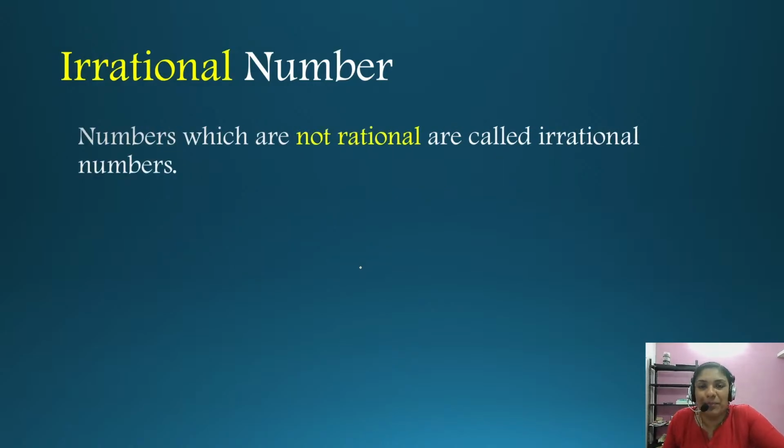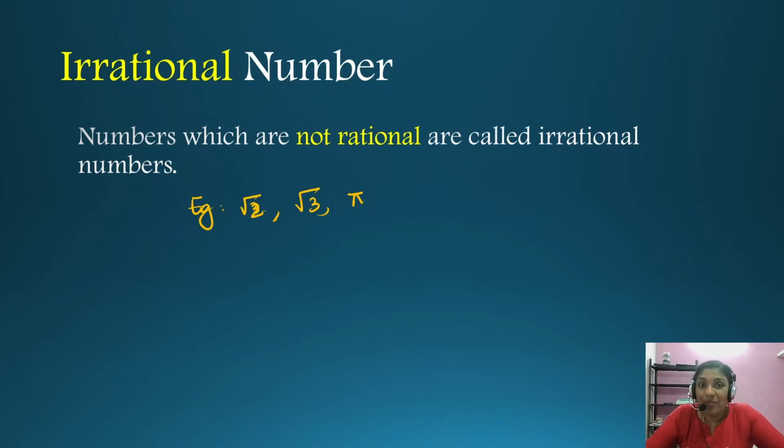Now, irrational numbers. We have learned about rational numbers, right? We just discussed the definition. So numbers which are not rational are called irrational numbers. Examples will be √2, √3, then the value of pi. These are irrational numbers.